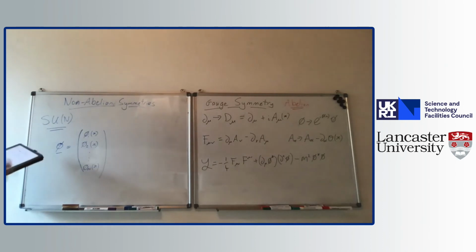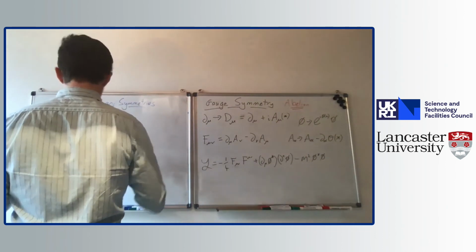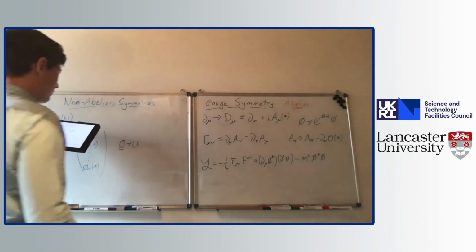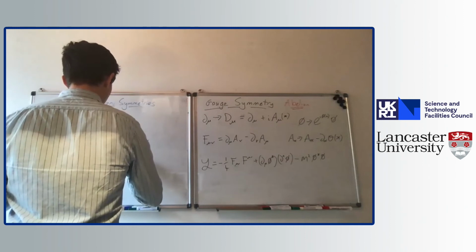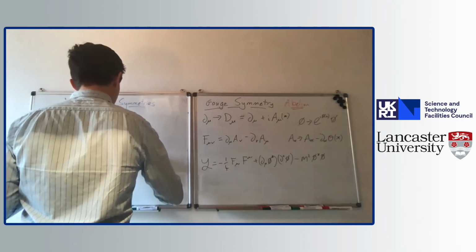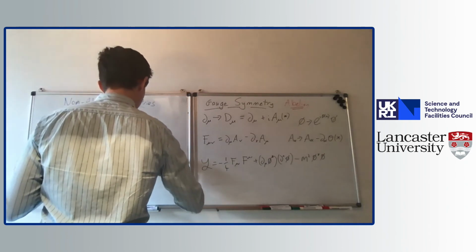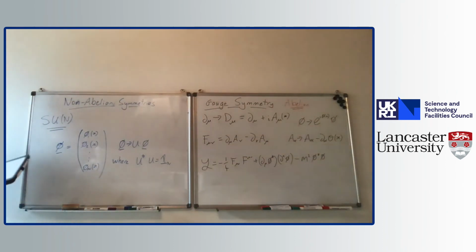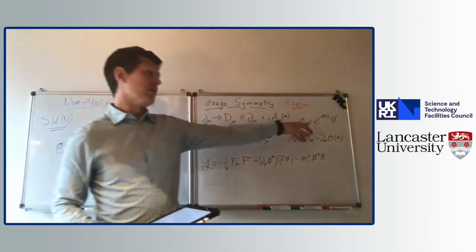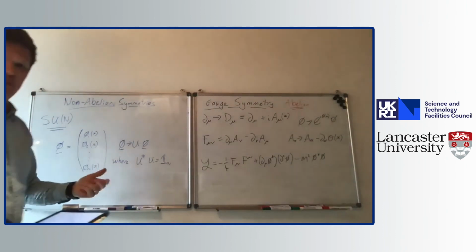And the symmetry acts on this big phi in the following way. Phi goes to U times phi, where U is an n by n matrix, and U is unitary. So U dagger times U is the n-dimensional identity matrix. So that's how it acts on it. And this is already familiar from the abelian version: we're just multiplying by some number, and now you just have a vector and you multiply by some matrix.